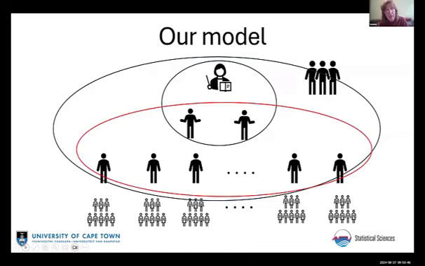Then the head tutors keep a close relationship with the tutors by supporting them online or in the face-to-face stations as well. And of course, the tutors keep a close relationship with their individual groups of students.